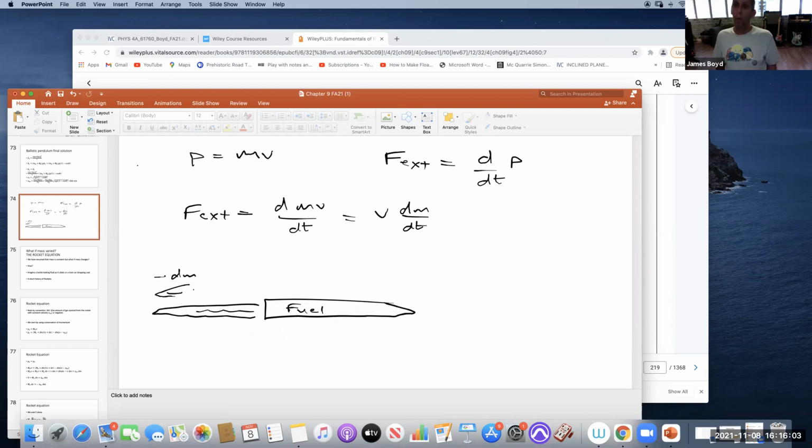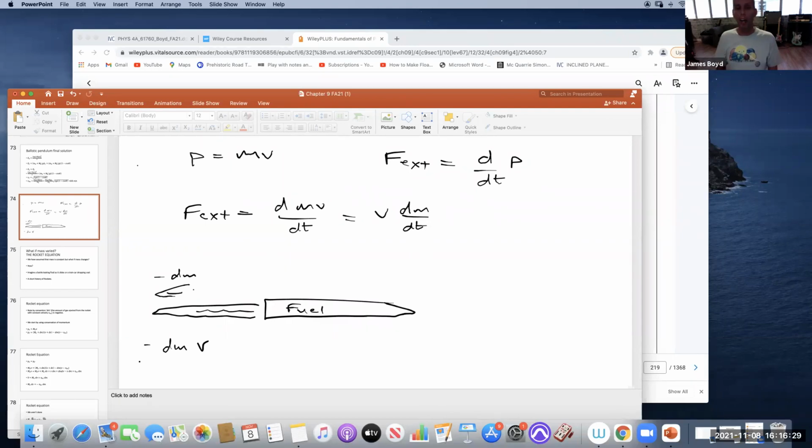But how do we solve this problem? Well, we solve this problem with momentum. It's a conservation of momentum equation. When a rocket is in space, it basically heats up some fuel. That gives that fuel a certain amount of velocity. So that little bit of fuel has some mass, dm, that is leaving it.